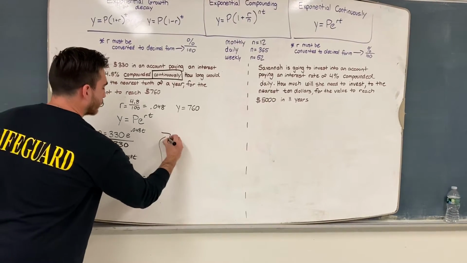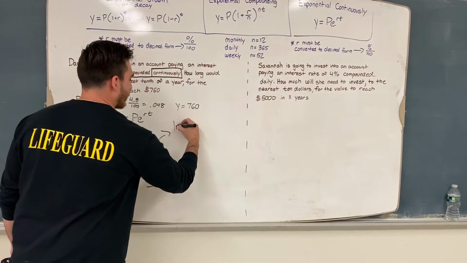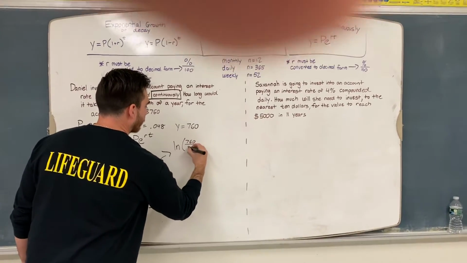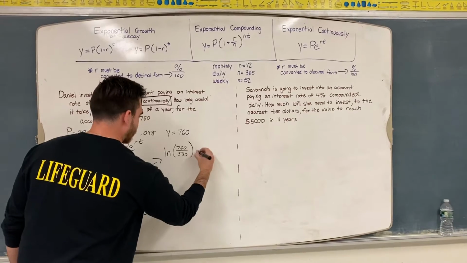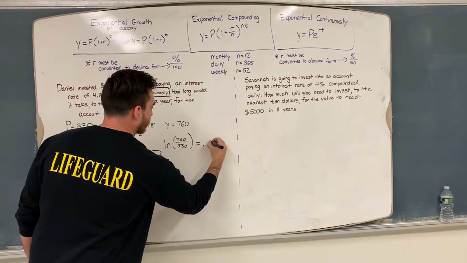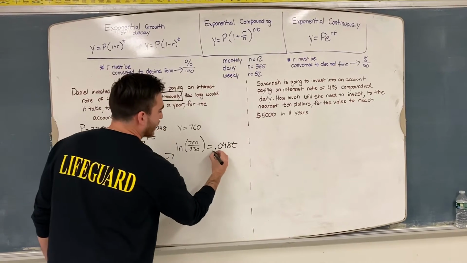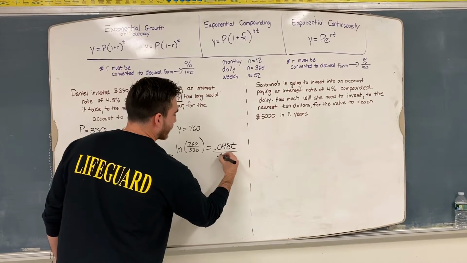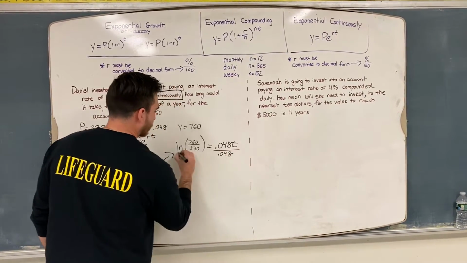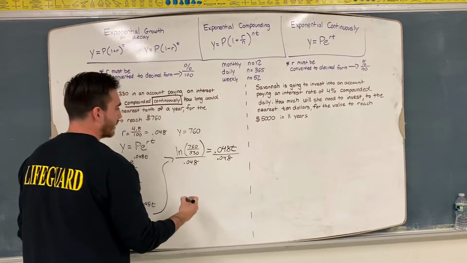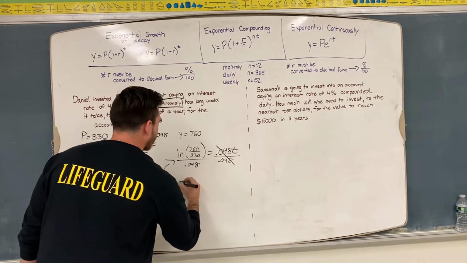So that is going to give us the ln of 760 over 330 equals 0.048t. And now the last step is to divide this out, and then we are going to get t by itself.